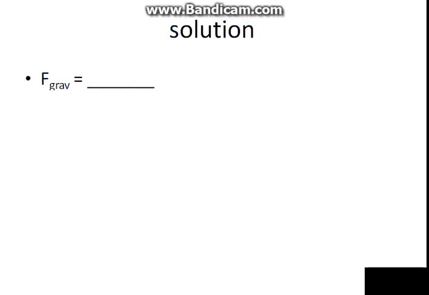Solution. F gravity is equal to capital G times capital Mp times small me all over R squared.